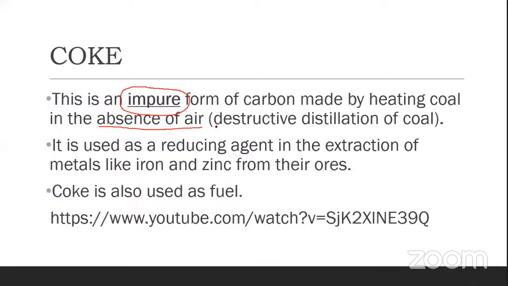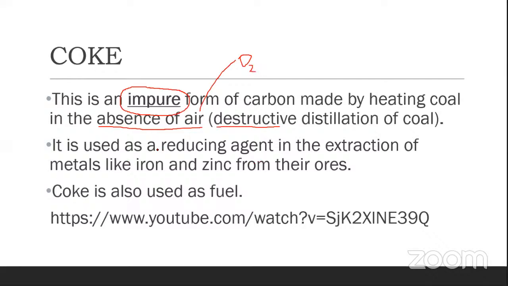So if you are defining destructive distillation of coal, you would say that is the burning of coal in absence of air. And basically here we mean oxygen. When we talk of air, our main component is O2, which is oxygen.